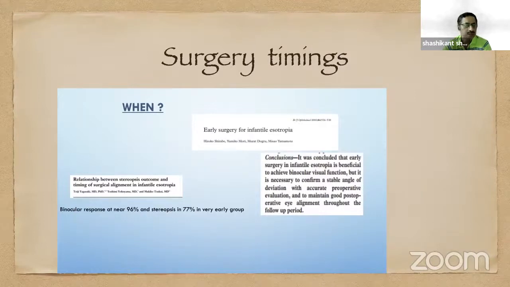There was one more study by Higashi and their group, which looked at the stereopsis outcome in the timing of surgical alignment in infantile esotropia. They found that patients demonstrated binocular vision at near in 96% of patients, and stereopsis in 77% in the very early age group, less than 7 months of age.